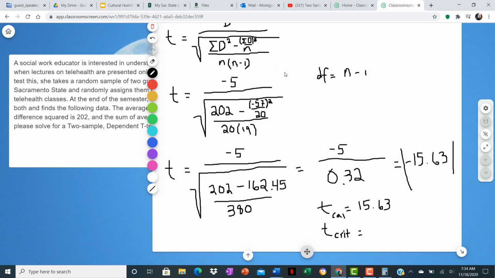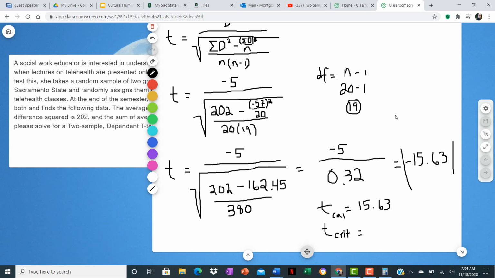In this case, the n is 20. So the degree of freedom is 19.